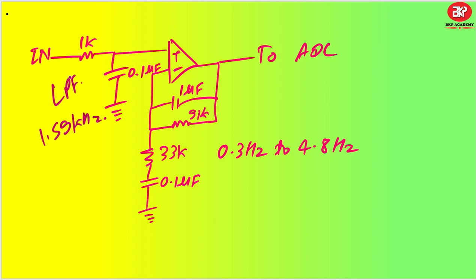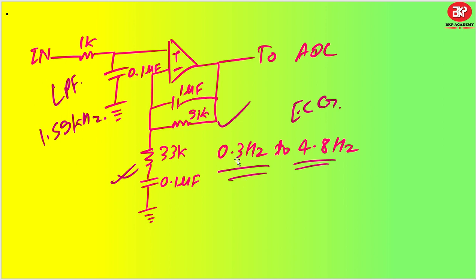Now coming to the band pass filter using the op amp combination, okay. This op amp combination will give you a band pass filter. You can calculate it like 1 by 2 pi RC, and if you do, you will get around 0.3 hertz to 4.8 hertz. That's the requirement for your ECG heart rate monitoring, okay.